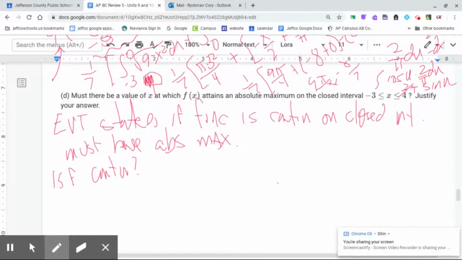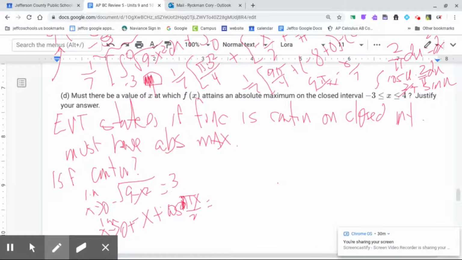All right, remember for continuity, the limit from the left, which is 3, and the limit from the right, pi x over 2.